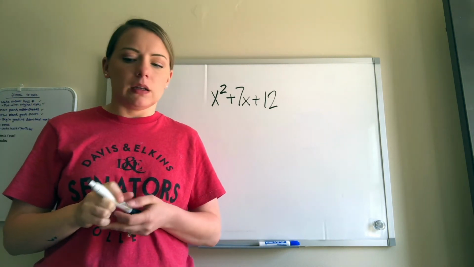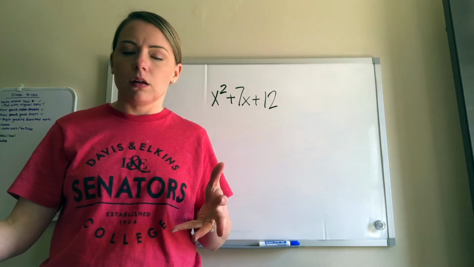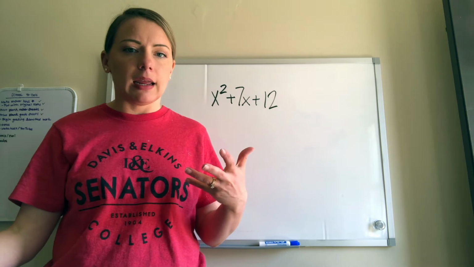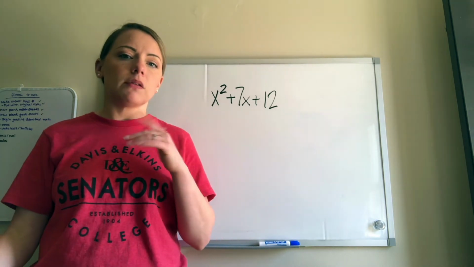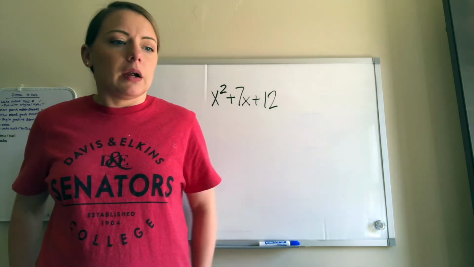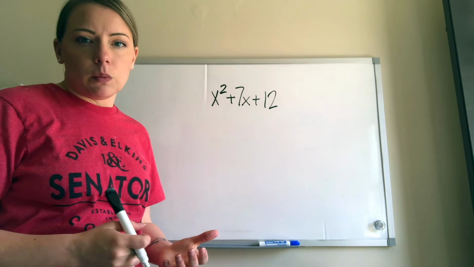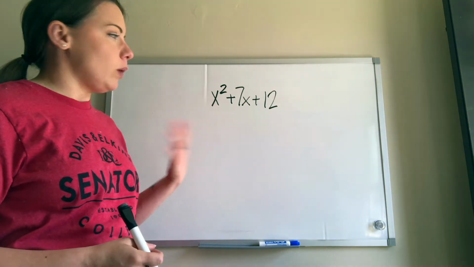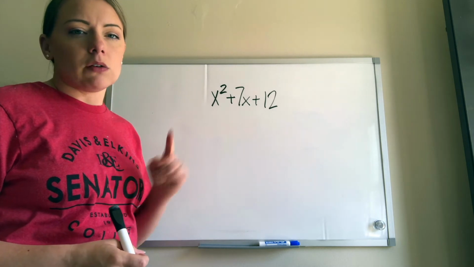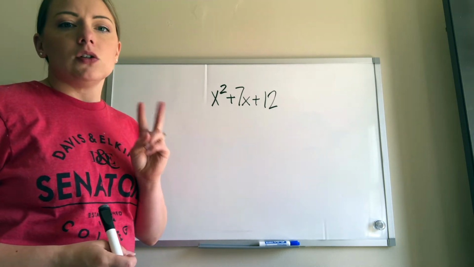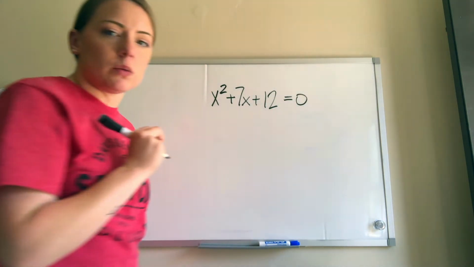The reason being is some of your assignments on this handout or assignments to come might just be the polynomial and you have to make it into an equation. So the first step is we need to make sure, one, it's in standard form, which it is, and then two, we're going to set this polynomial equal to 0.